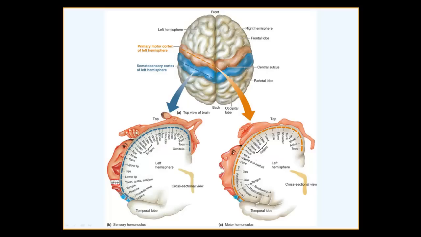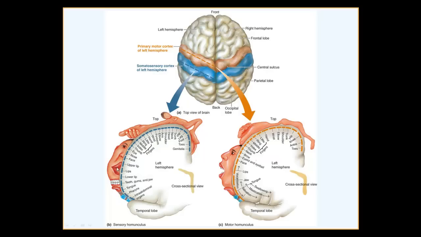Whereas if you think of the complexion of the moves you get from the hands or the fingers, or from your mouth, or the facial expression, or the tongue, or the pharyngeal muscles, you will see that it's much more complicated, and therefore it has to be much better represented on the brain, because of the complexity of those moves, compared to the moves that you need to do, for example, with the muscles of your back. Oh, I'm sorry, these are the sensory, I mixed them up, sorry.